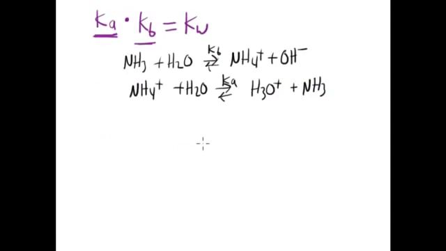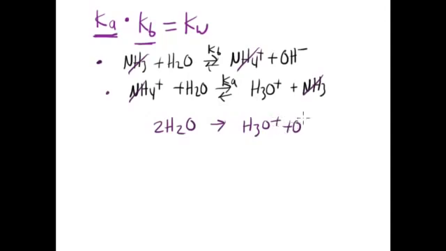Here's the work I was talking about. If you add up the equation for Kb with the equation for Ka, then the NH4+ cancels out, the NH3 cancels out. So what you're left with is the equation for the autoionization of water.